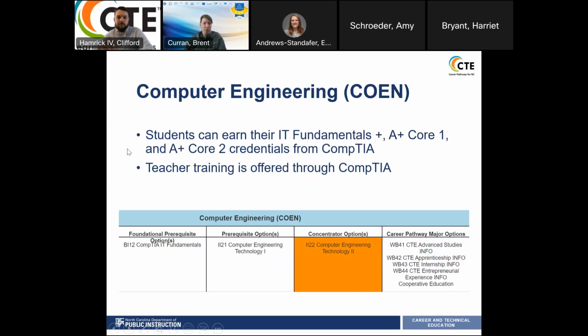Next, computer engineering. This is another one of my pathways. This one is one of our CompTIA pathways. For those of you that don't know, CompTIA stands for the Computing Technology Industry Association. They're a nonprofit trade association that the IT and computing industry has deemed as the association.